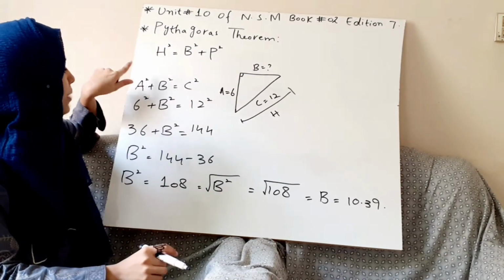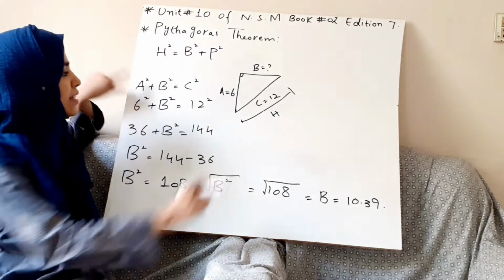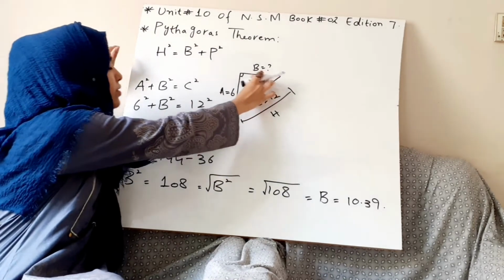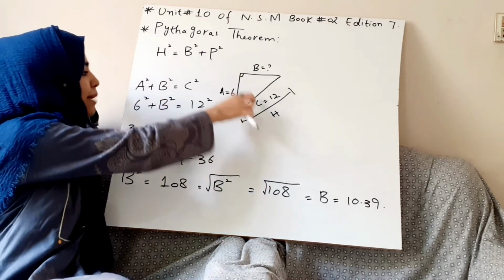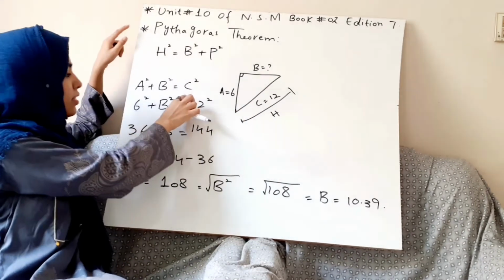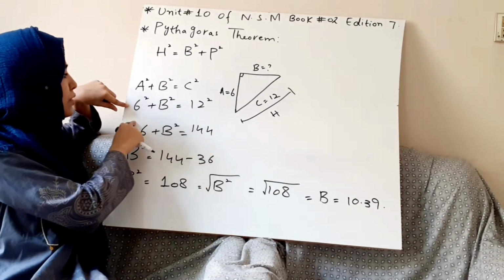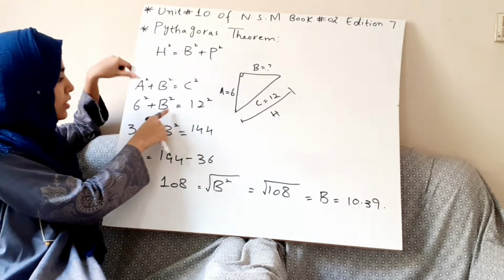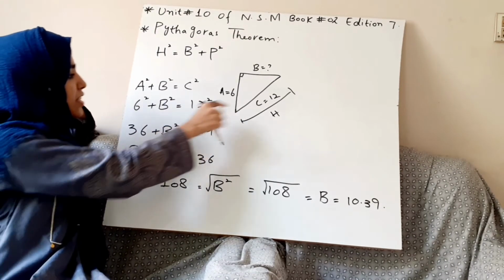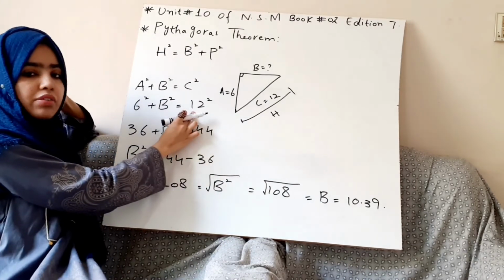So by using the Pythagoras theorem, it says the remaining two sides of the right angle triangle, A square plus B square, equal the hypotenuse, which is C square. By putting the values here, A which is given 6, and B we have to find out, equals C which is given 12, that is the hypotenuse.